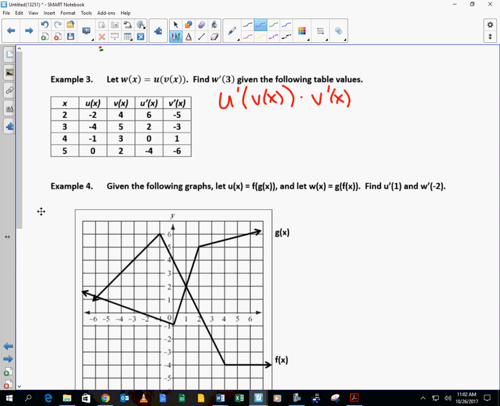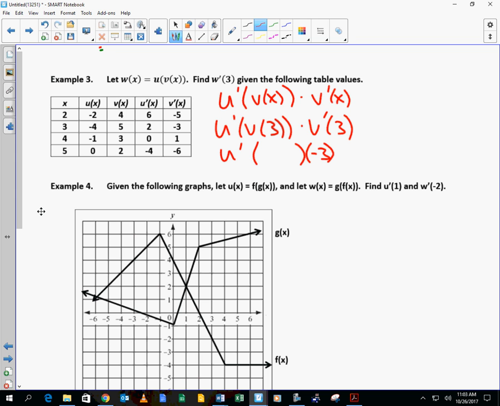Chain rule. Yep. So what do I plug in? Very good. 3. I plug in 3. So we can look at the table here. Does it tell us what v prime of 3 is? Yeah, it's negative 3. Then we have u prime of, what is v of 3?